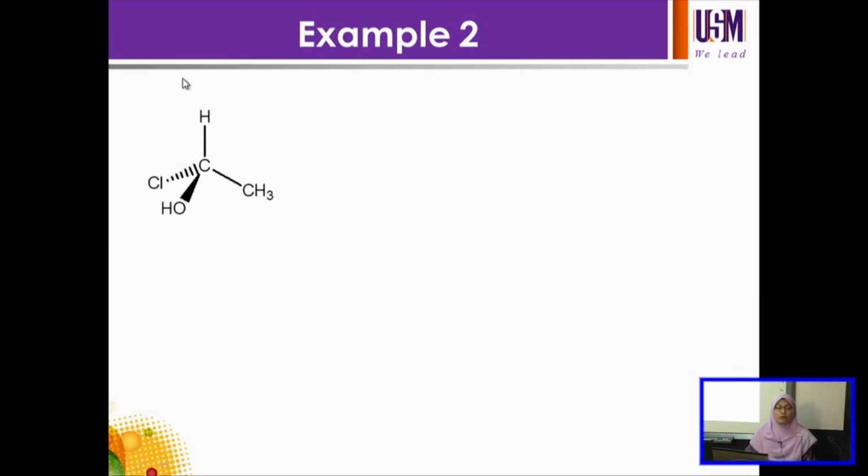For structure number 1, you see here that this carbon is attached to 4 different groups. So this is the chiral carbon. Because it has a chiral carbon and also does not have an internal plane of symmetry, this compound is chiral.